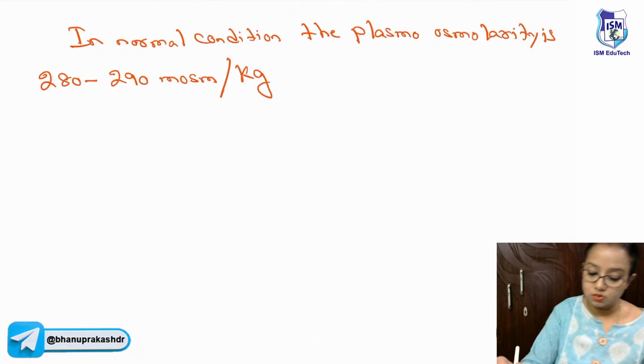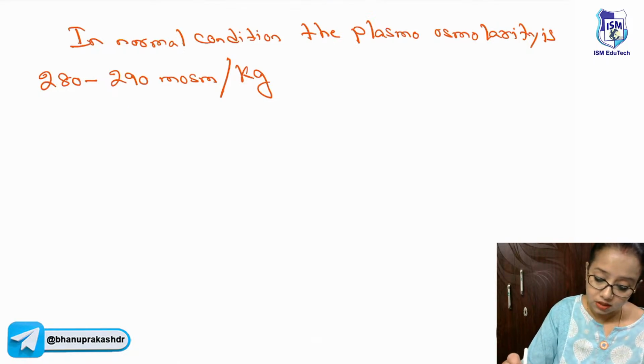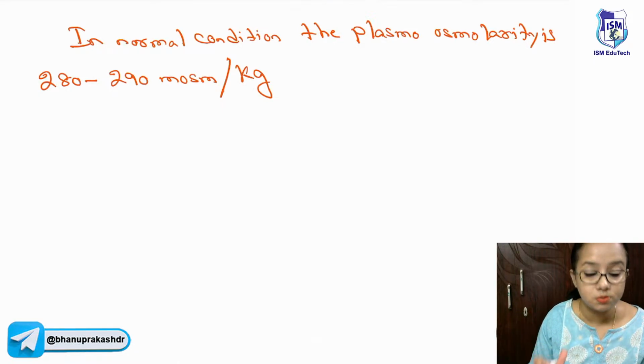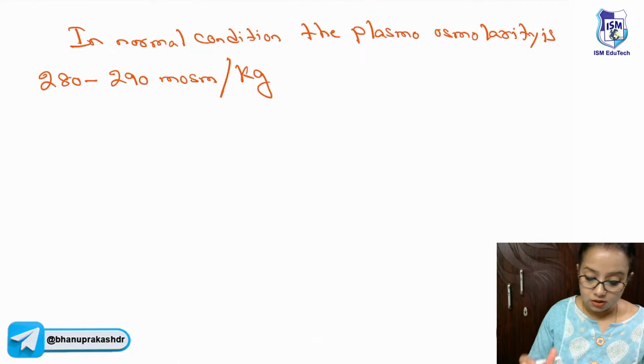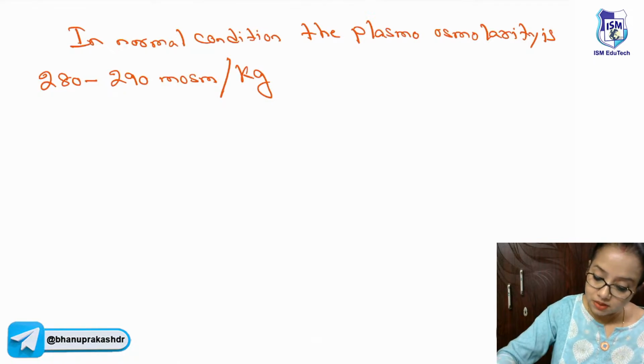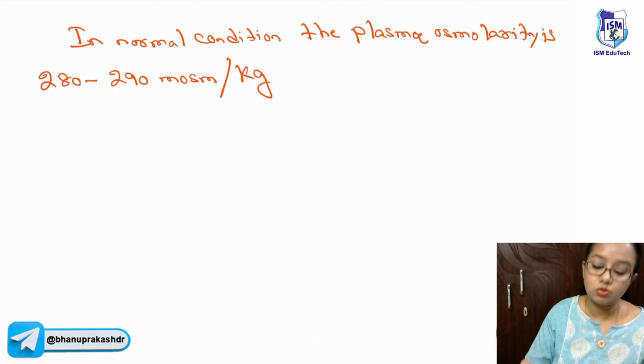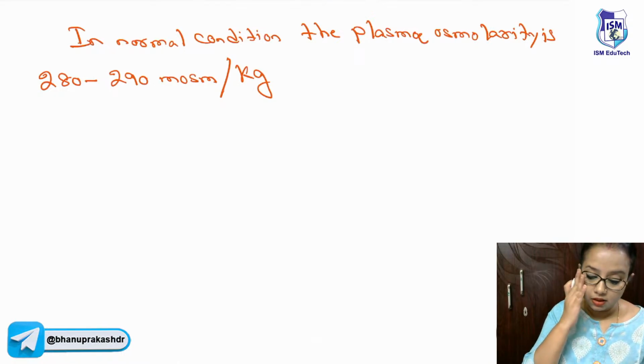Okay, the osmolarity. So this is what we call the osmolar. Plasma means the fluid portion of the blood. So in normal condition, the plasma osmolarity is like 280 to 295. Somewhere you can also find 285, 300. These are all roughly the same.